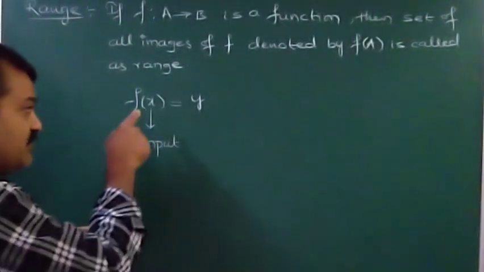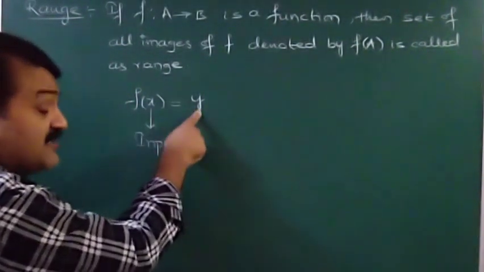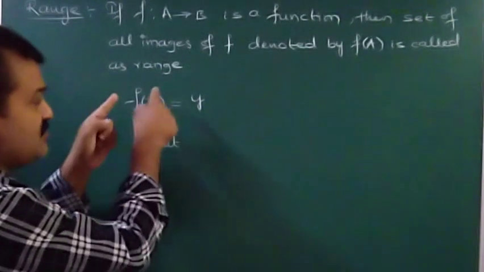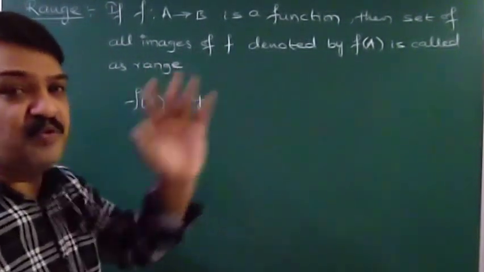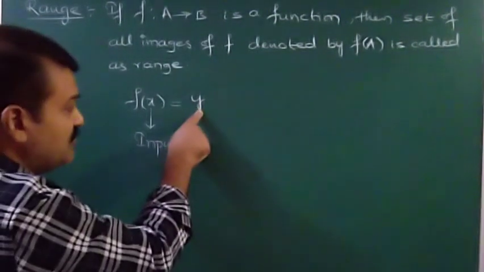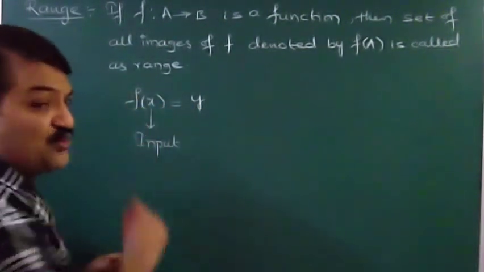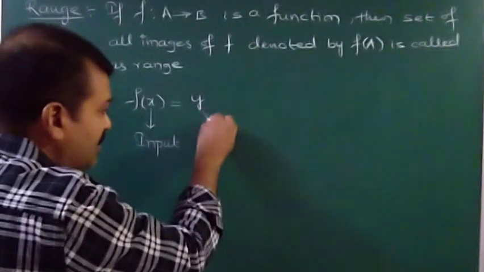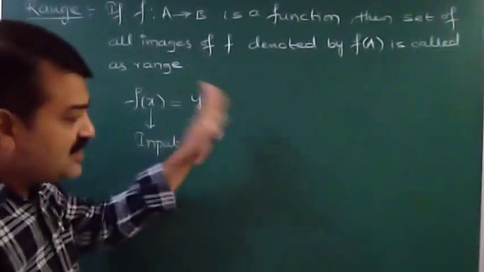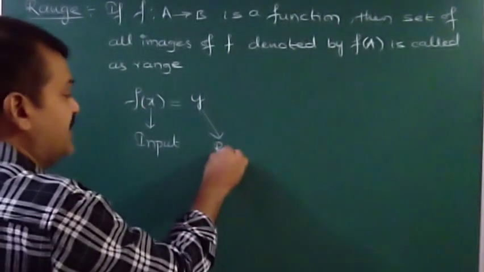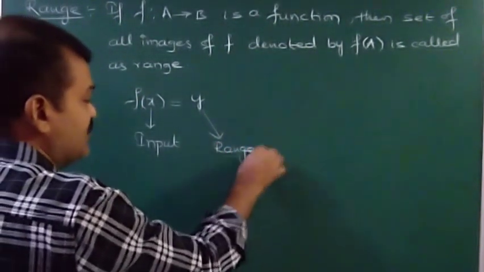Now after substituting the x value, this is the function value. Once you substitute some x value in the function, you will get some output. So this is the output value or function value. The set of all output values or set of all function values will be the range.